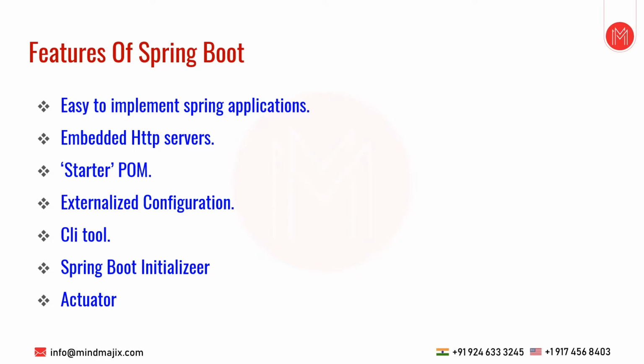While auto configuration and starter dependencies are an integral feature of Spring Boot, Spring CLI is an optional one. You also need to install Spring CLI in order to use it.